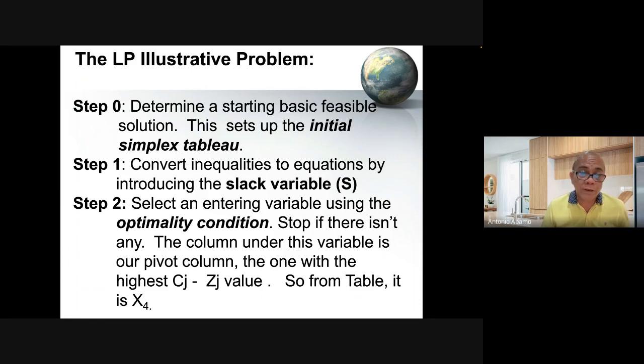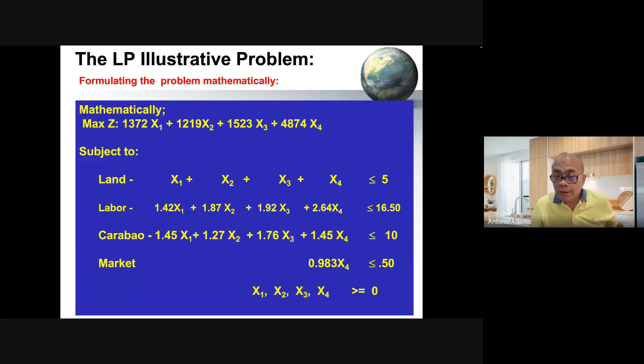There are four steps. Step zero is to determine the starting basic feasible solution. This sets up the initial simplex tableau or table. Then step one, convert inequalities to equations by introducing a slack variable. Right?